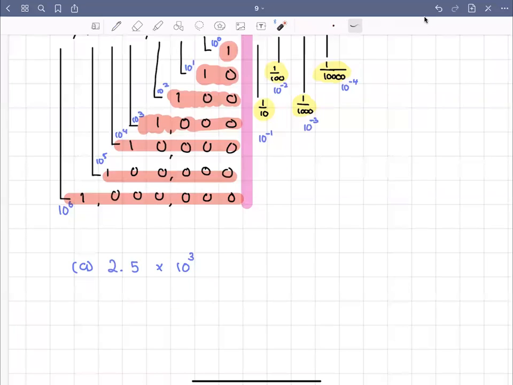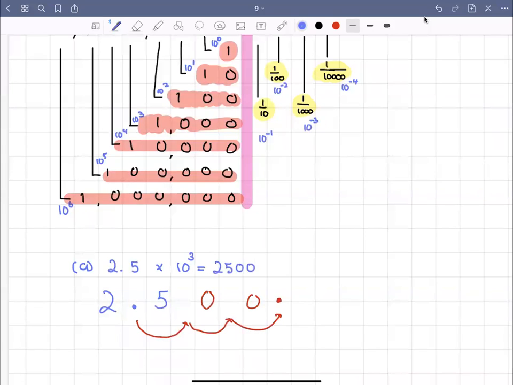How many times? 3 times. Let me write it out again: 2.5. You move it 1 time, 2 times, 3 times. So now the decimal place is here. Every jump that has nothing there, we add a 0. So 2.5 multiplied by 10 to the power of 3 is equal to 2,500.